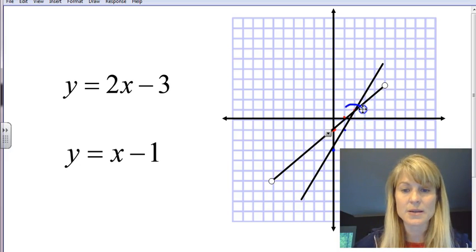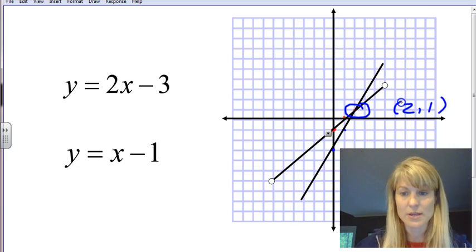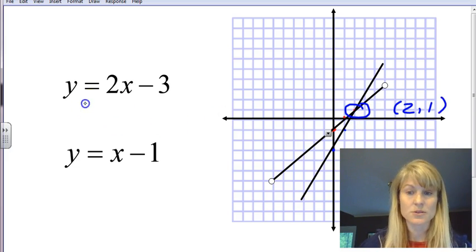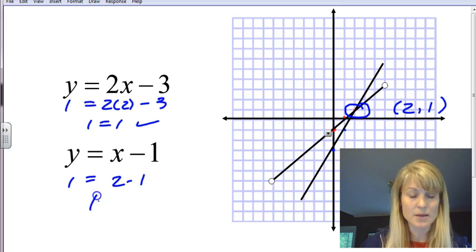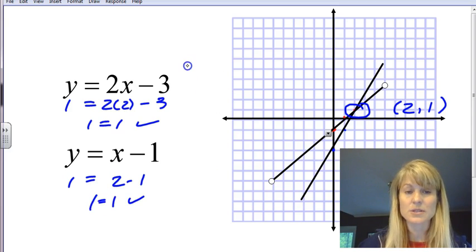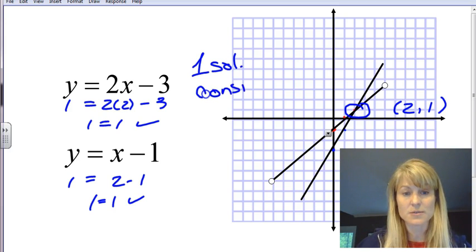We can see that they intersect in one spot, and that is (2, 1). To check, I plug 1 in for my y and 2 in for the x, and that'll be 4 minus 3, or I get 1 equals 1, so that works. And again, if I plug in 1 for my y and 2 for my x, I get 1 equals 1. So this is a one solution, consistent system of equations.